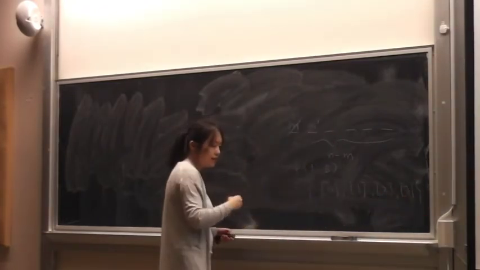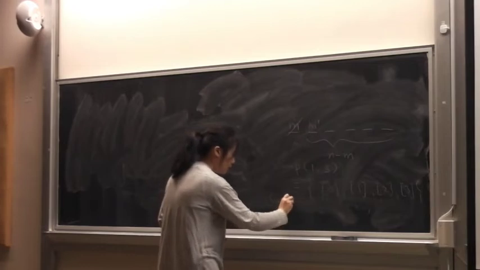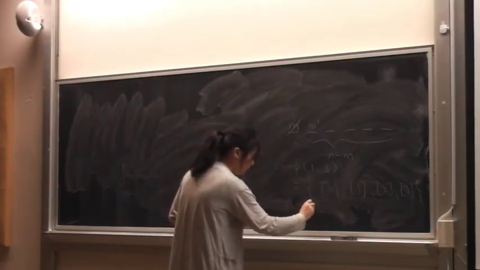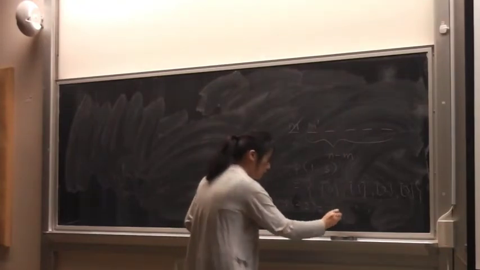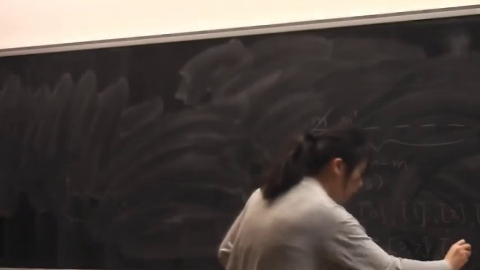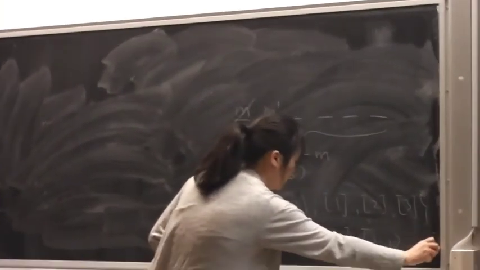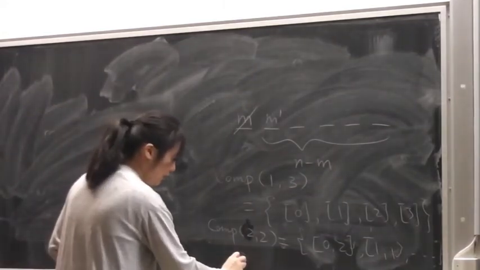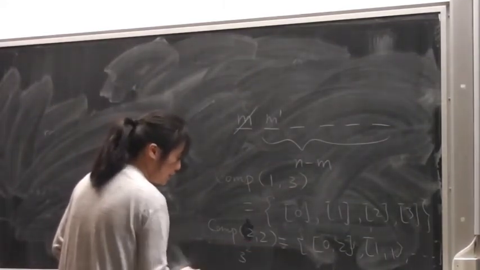Comp 1, 3 is this set. Comp 3, 1 or 2, 2, so you can have 0, 2, 1, 1, and so on. So actually 3 to the second, 9 things here.